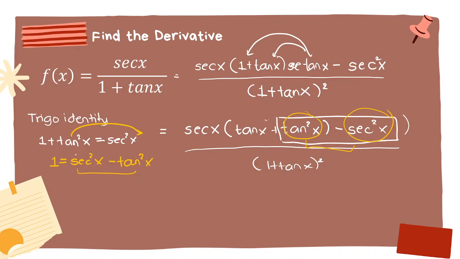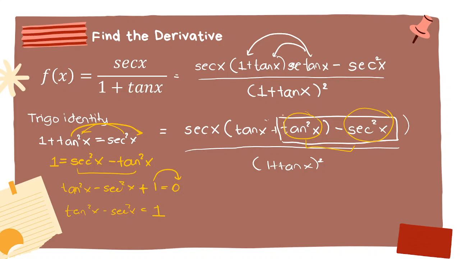Why? Because if we substitute back si sec squared x dito, magkakaroon tayo ng tan squared x minus sec squared x is equal to plus 1 is equal to 0. Distribute, magkakaroon ako ng tan squared x minus sec squared x is equal to 1.